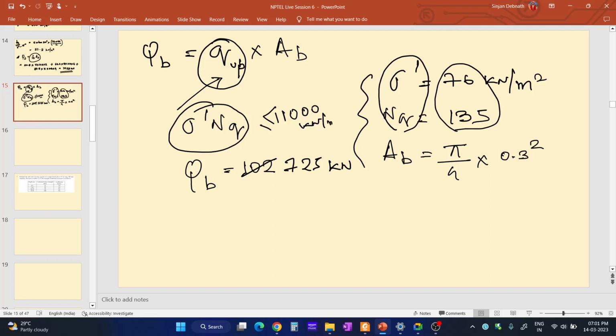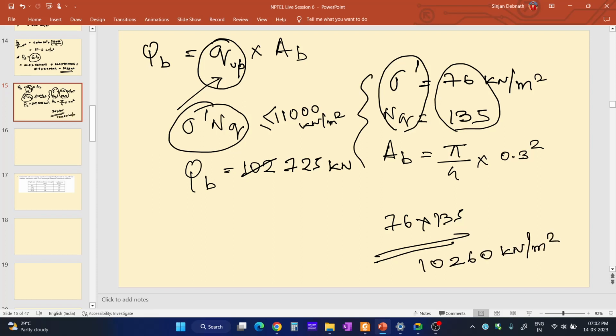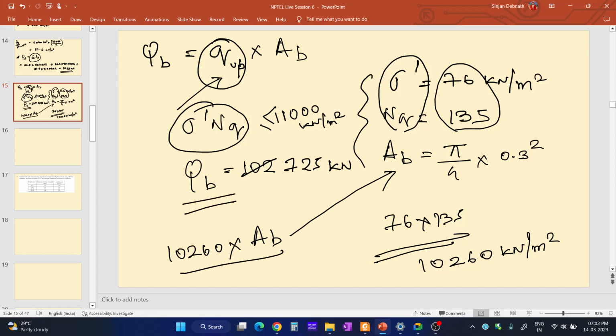If you multiply 76 with 135, it comes out to be 10260 kilonewton per meter square. Okay, it is less than 11,000. Now 10260 multiplied by this Ab, you will get Qb, which is 725 kilonewton.